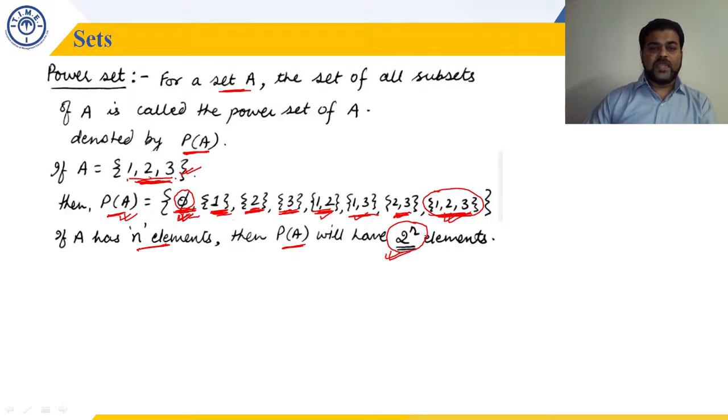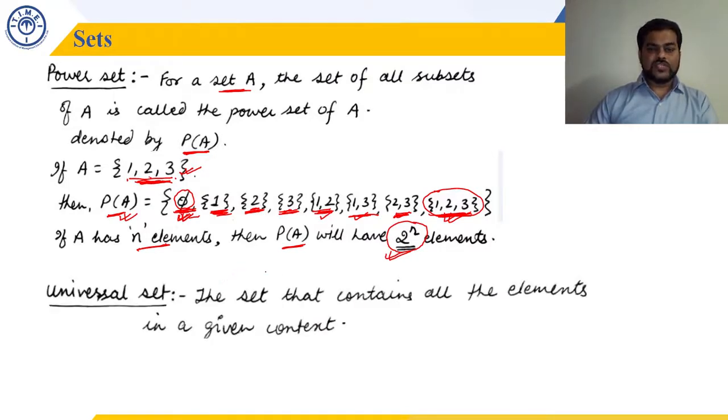What is n? n is the number of elements. So any set having n elements will have 2 to the power n subsets, out of which there will always be a subset which is the null set phi and a subset which is the given set itself.